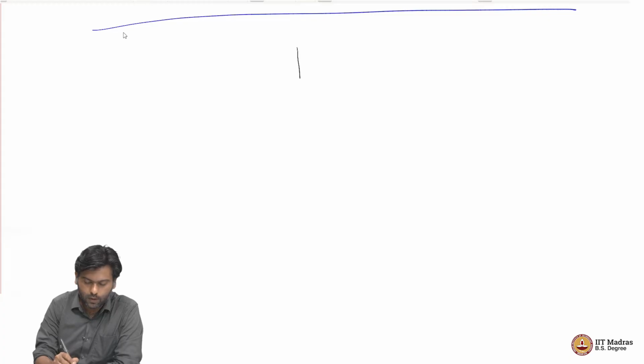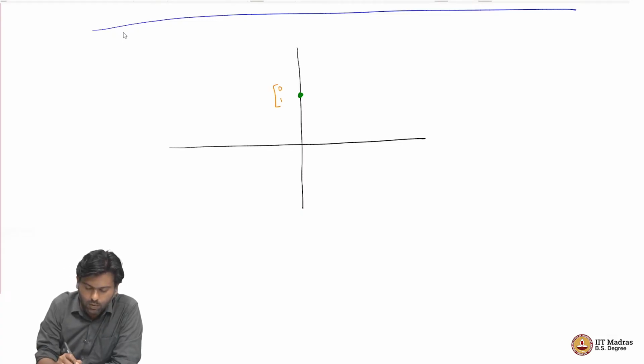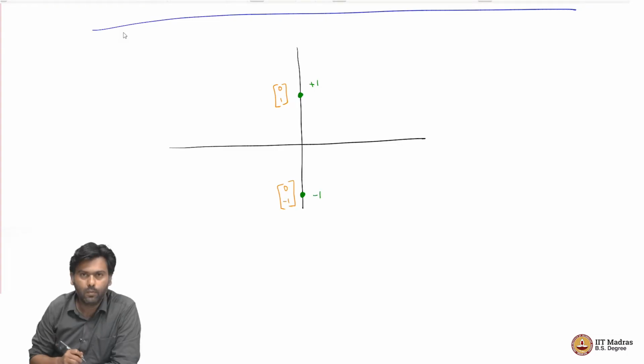So, now let us say I have again a 2-dimensional data set, but this time the data set just has 3 points, right. I am going to put 2 points here. This is the point (0, 1), and it is labeled as +1, right. And here is another point, (0, -1), and I am going to label this as -1.